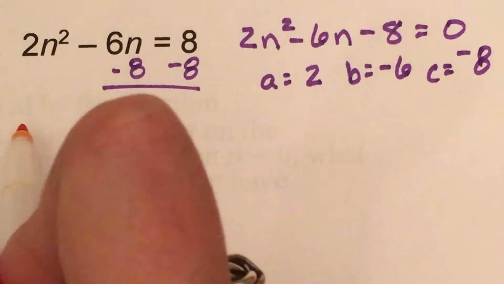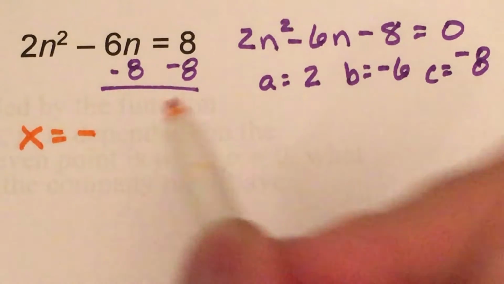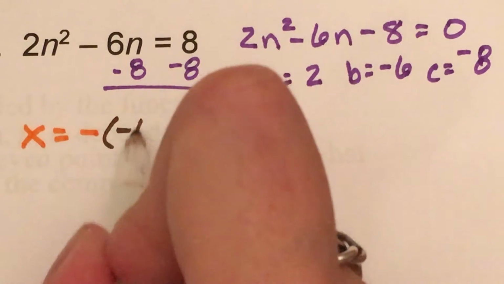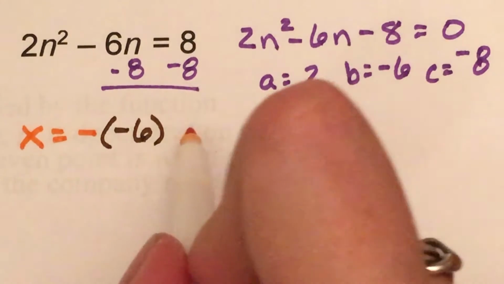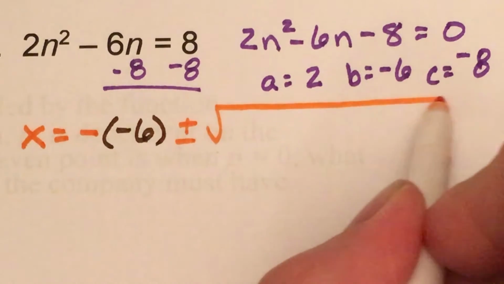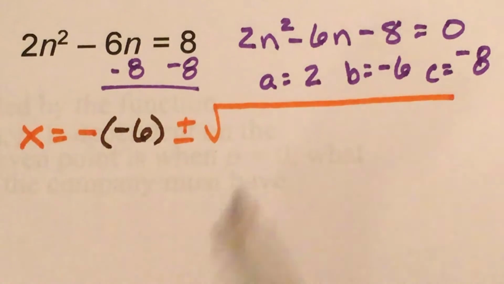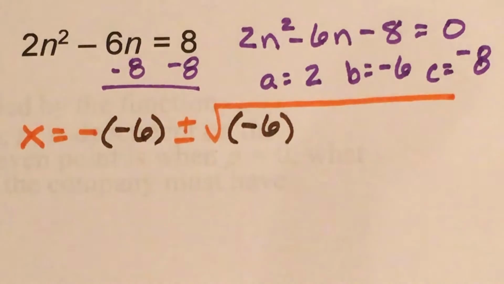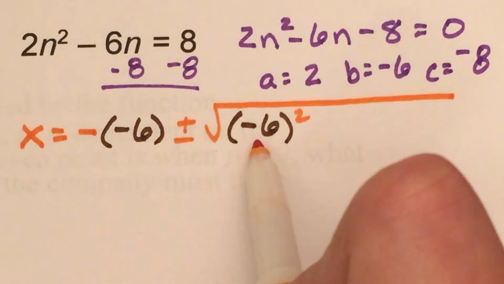Start over here. So x equals minus b. What was b? -6. Oh yeah, I got both of them, don't I? Plus and minus the square root of b squared. And we said that b really needs to be in parentheses. That's a big deal right here. That is a make or break.